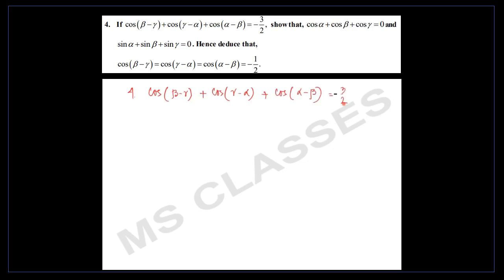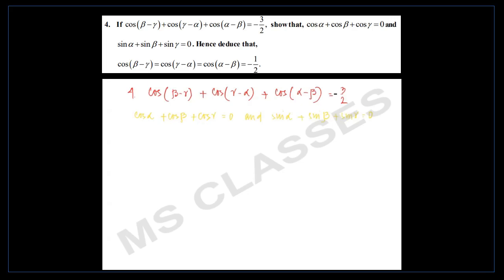We have to show here cos alpha plus cos beta plus cos gamma equal to 0 and sin alpha plus sin beta plus sin gamma equal to 0. This is what we show.